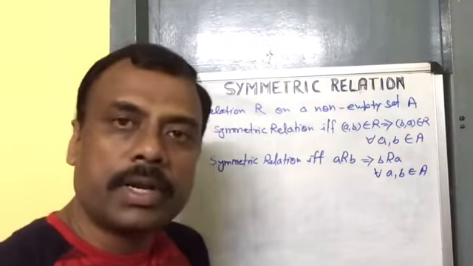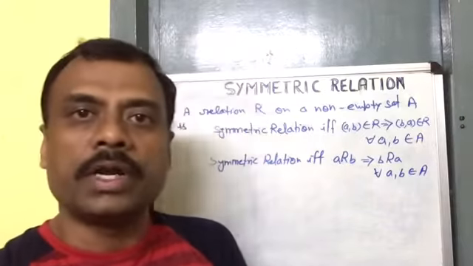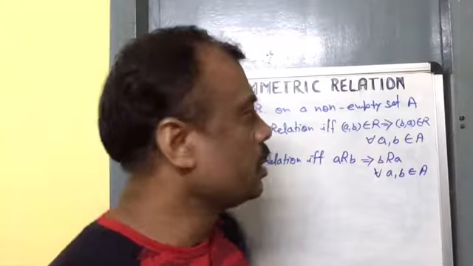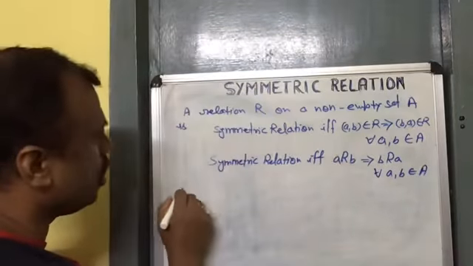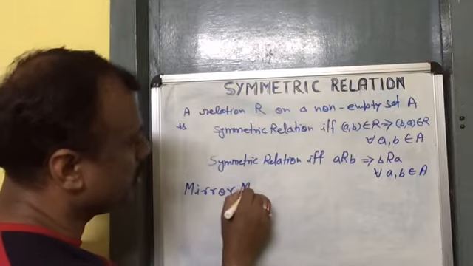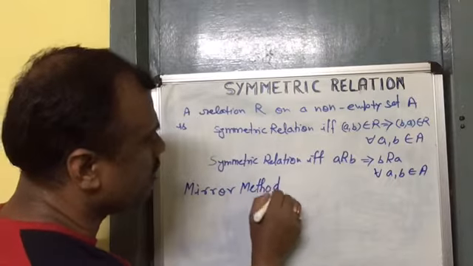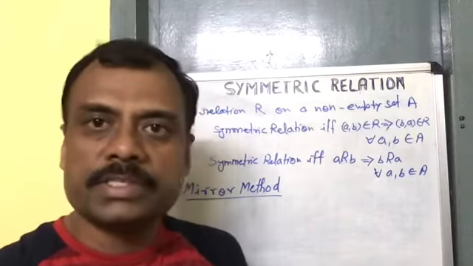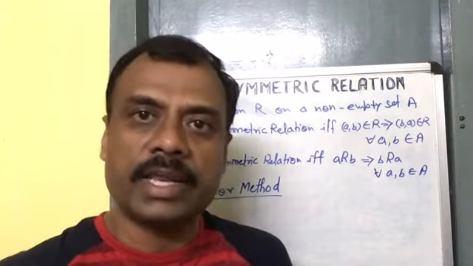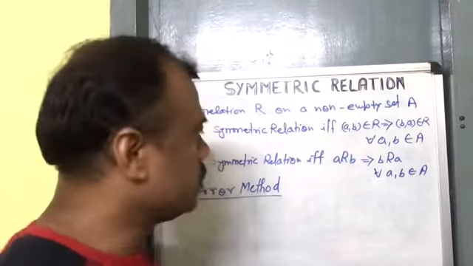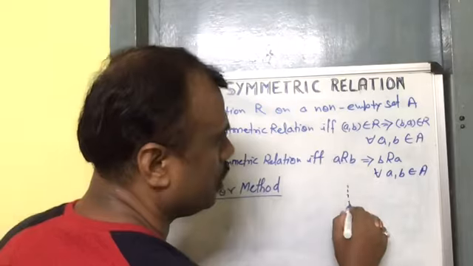I have developed another way to prove whether a given relation is symmetric or not. I named it the mirror method. Why is it called the mirror method? Because whenever we see our face or anything in a mirror, the image is reversed.